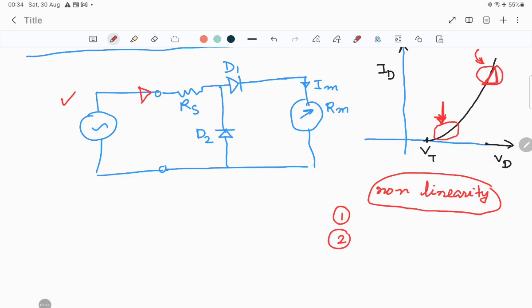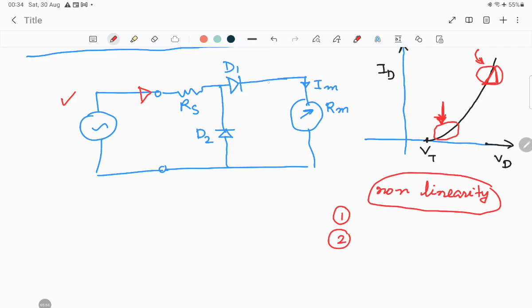Only a single mechanism: we have to reduce the resistance of the voltmeter. How can we reduce the resistance of this voltmeter?